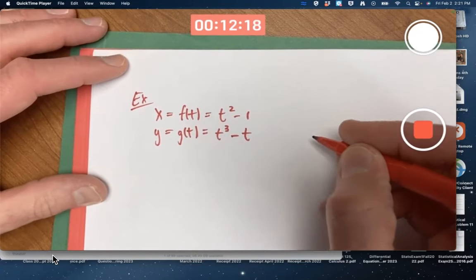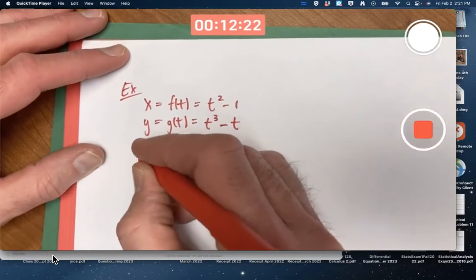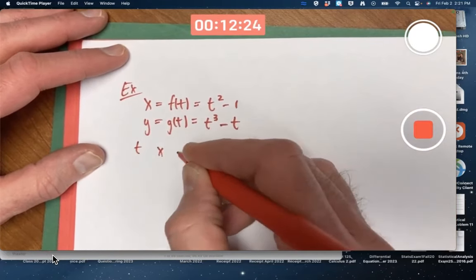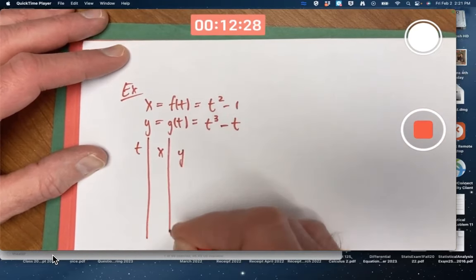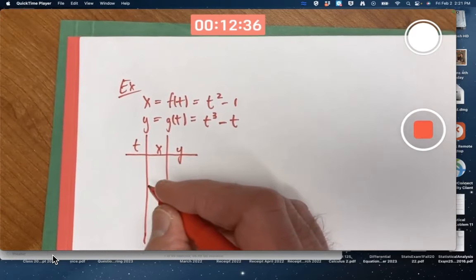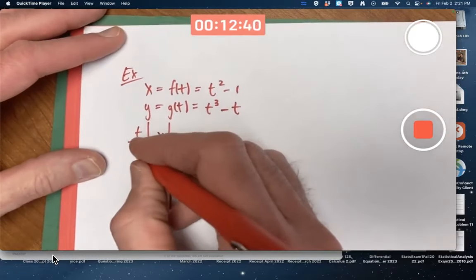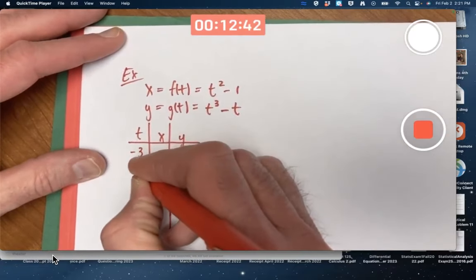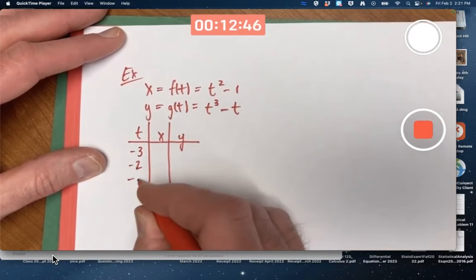We need a table for all three variables. Let's put it over here: t, x, and y. Let's pick some values for t. t is the independent variable. Let it take on somewhat standard values like -3, -2, -1.